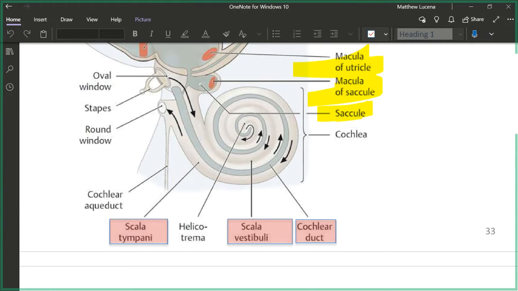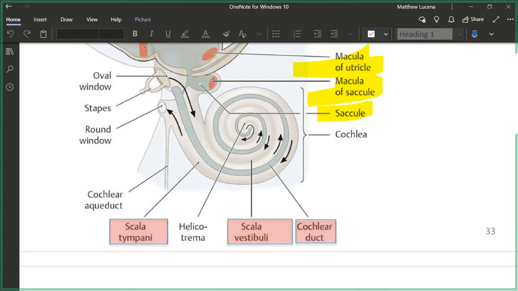So the scala tympani is basically just going to be that bony area. And then the outside versus the inside is going to be the scala vestibuli.